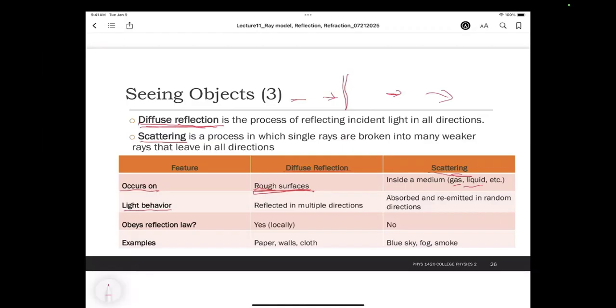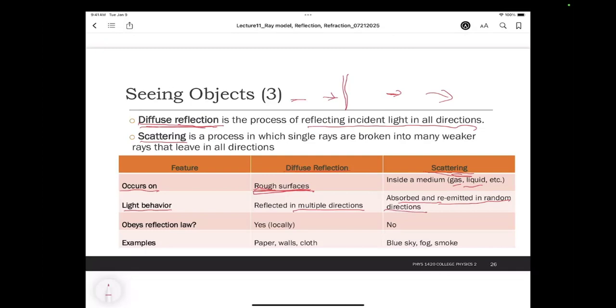Diffuse reflection reflects light in multiple directions. It will reflect incident light in all directions. But for scattering, the light is absorbed and re-emitted in random directions.